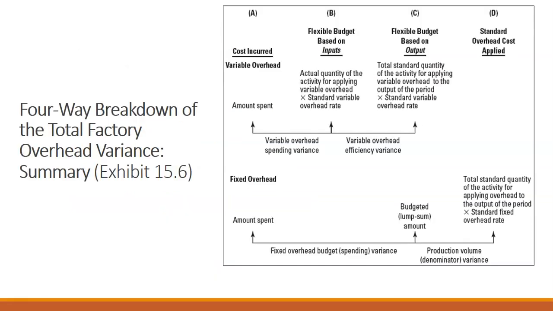When we look at all of our variances together, we see that there's a four-way breakdown of our total overhead variance. So we have our variable overhead spending variance, the variable overhead efficiency variance, our fixed overhead spending variance, and the production volume variance, which is based on our number of units made.